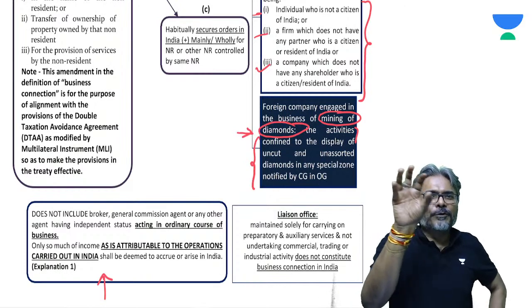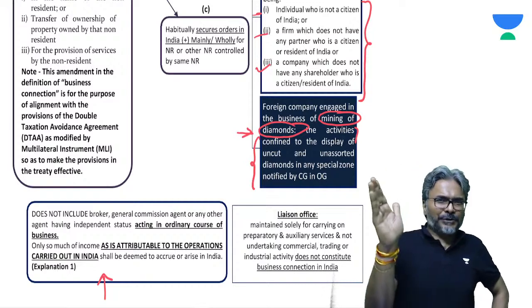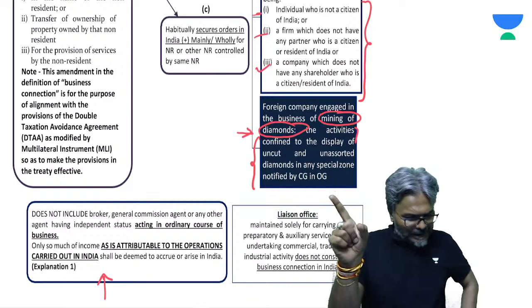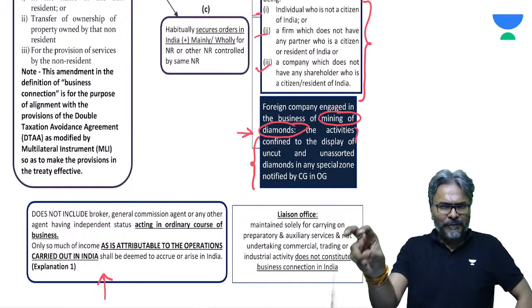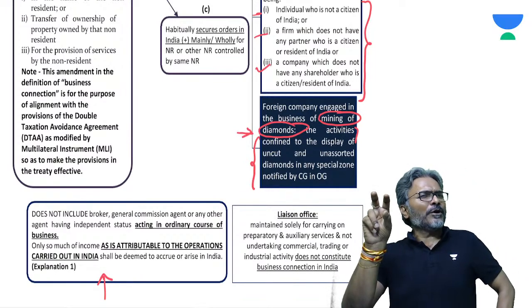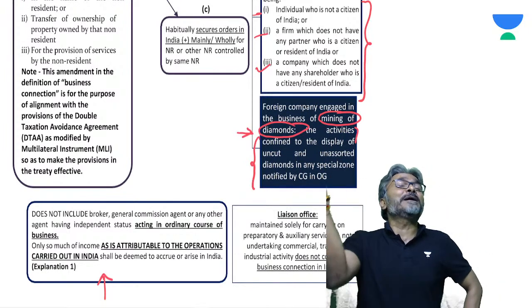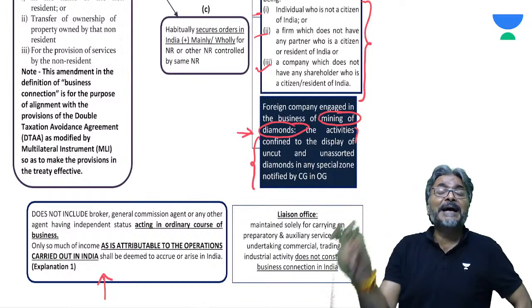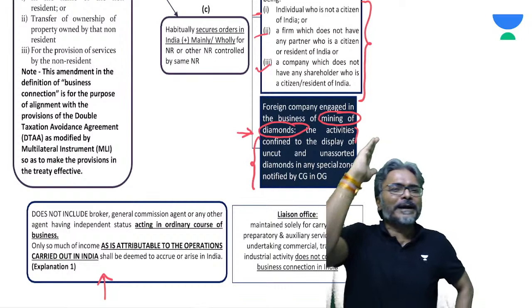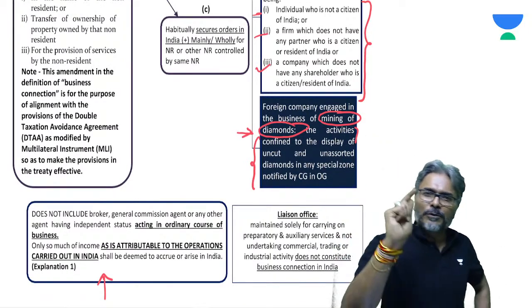So profit attribution is relevant from the perspective of business connection, Harshal. So whenever there is a business connection, only so much of the profit of the non-resident which is attributable to such business connection in India would be considered as an income which is deemed to accrue or arise in India.